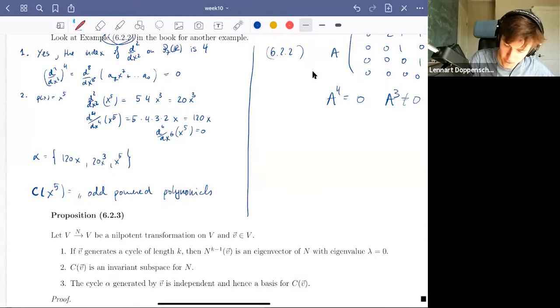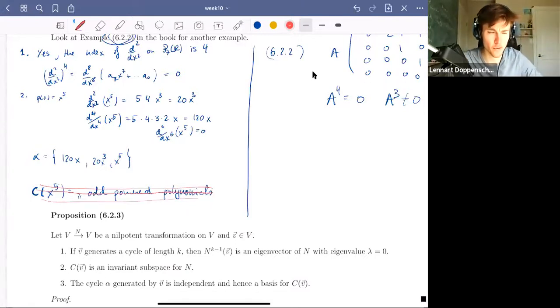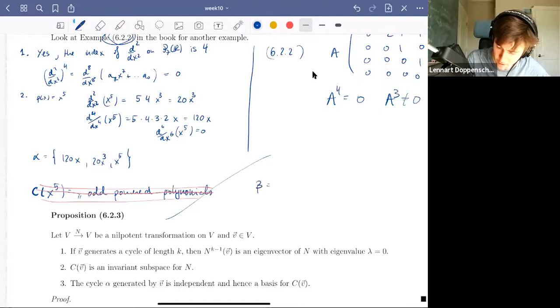Yeah, so this is maybe not so smart to say. x to the 4 would have worked as well, I believe. You would have gotten x to the 2 and then a constant. So yeah, that would have worked as well. As an alternative cycle, you could have gotten x to the 4, 12x to the 2, and then just 24.